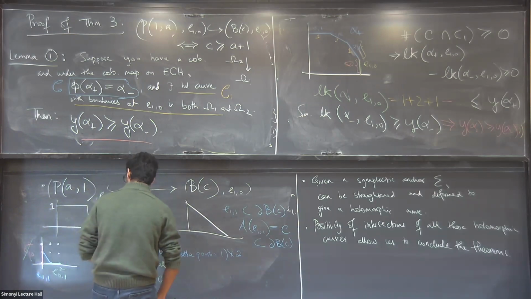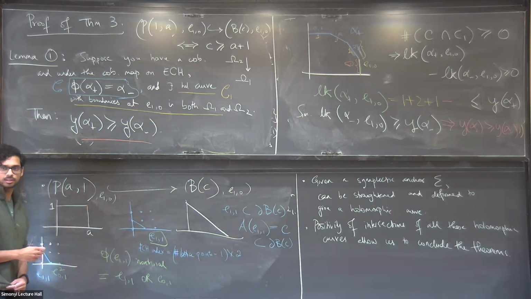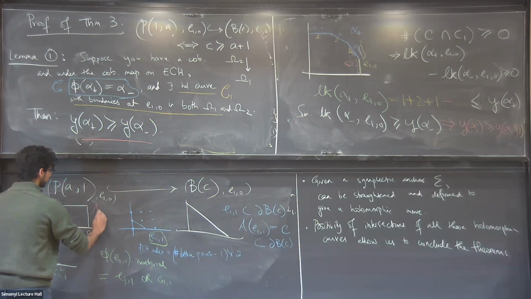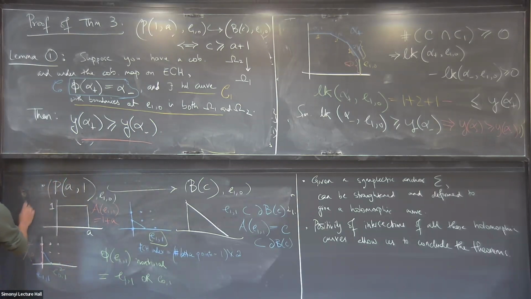What are the actions of E11? Well, you can smoothly perturb this a little bit to see that the action of E11 in the polydisk has to be 1 plus A, and the action of E01 squared is 2A.